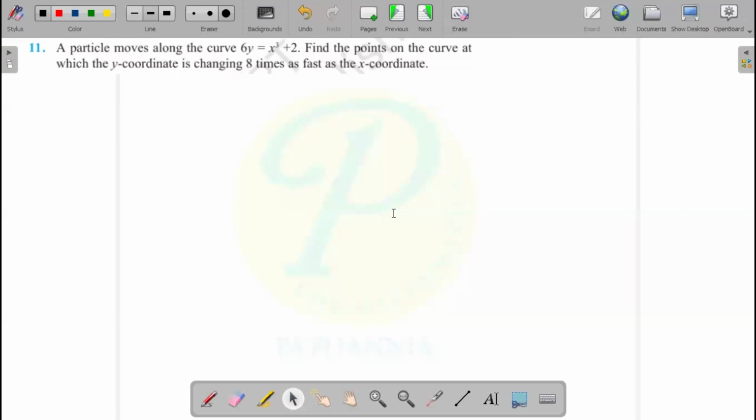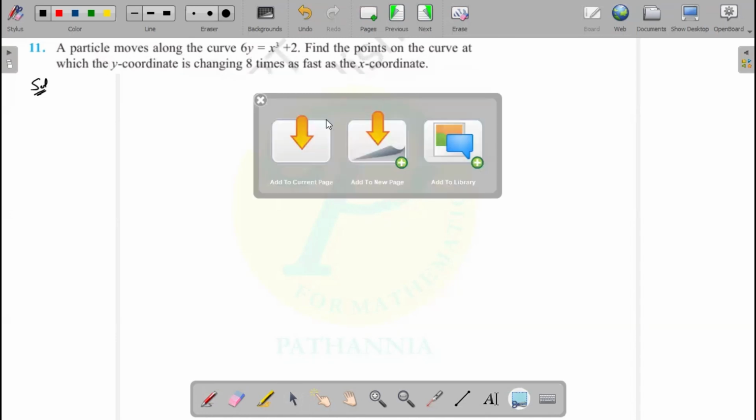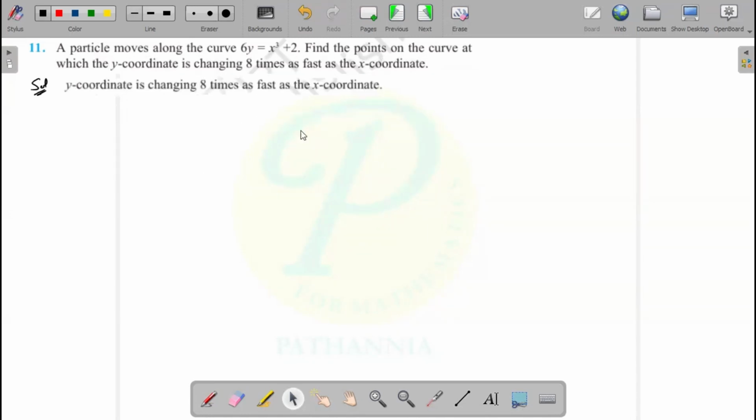It may be in a MCQ or in a 2 marks weightage. He says the particle moves along this curve. Find the point on the curve at which, इसे रीड करिए which के आगे जो दिया हुआ. What does it mean?